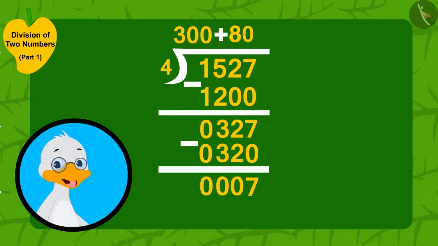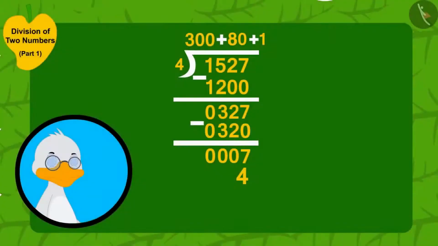That means I will be able to give 4 mangoes to 1 more villager. Thinking this, uncle added 1 here and wrote 4 at the bottom. In the end, uncle subtracted 4 from 7 and thus wrote 3.